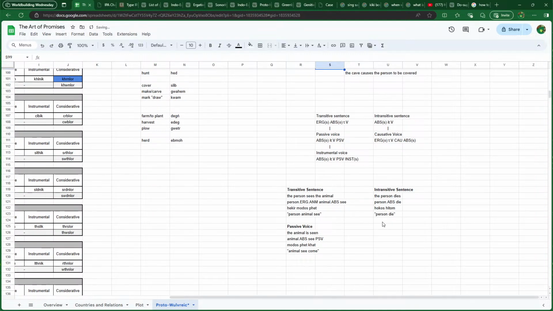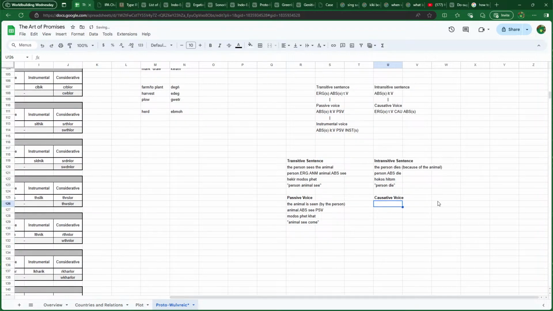Alright. Over here, the causative voice, that's turning this intransitive sentence into a transitive-like form. We need something that causes the person to die. We can right here by the person. The person dies because of, we'll just say the animal.